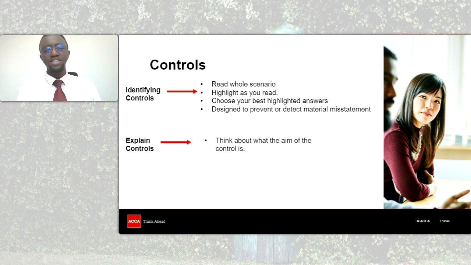Now you've explained to me that control, what it does, right? Why do I lock my house? So that we do not have any cases, or we reduce the chances of the theft of items in my house. So you explain the control, right?